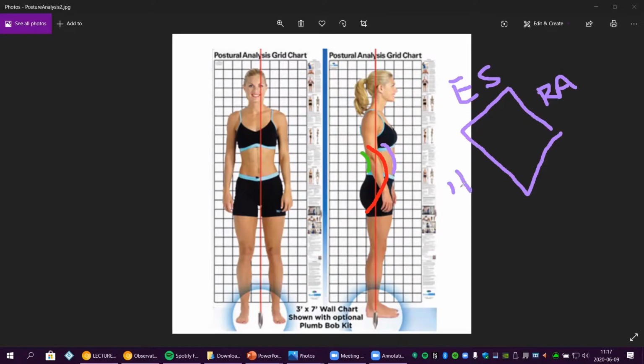Here we have hamstrings and glutes. And here we have iliopsoas and quads. Right? So if her rectus abdominis is stretch weak, what other muscle is going to be stretch weak with it? Do you remember this from last week?